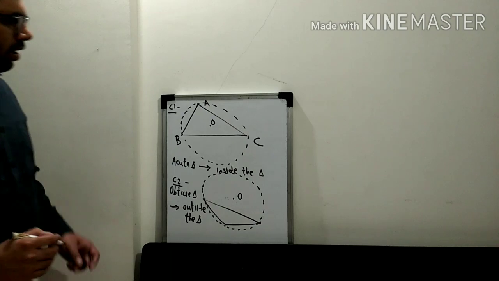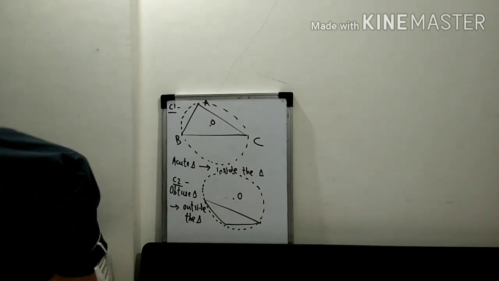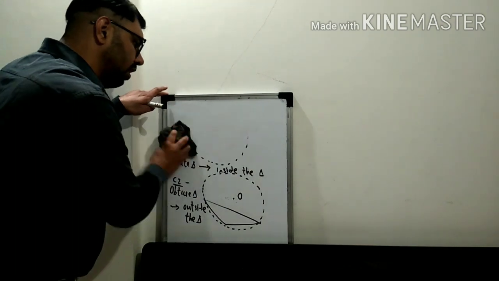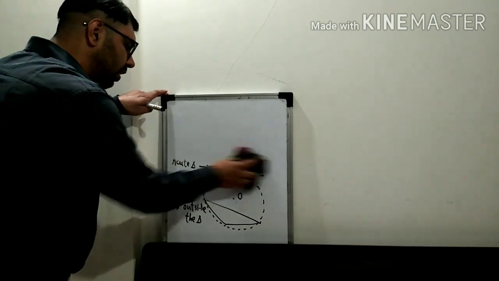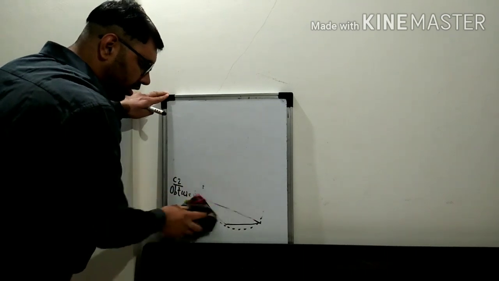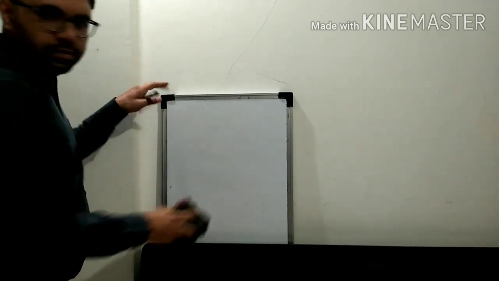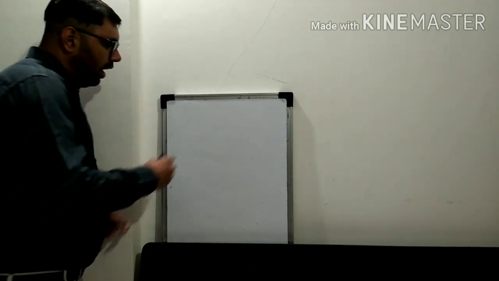Continuing ahead, for case 3 we have a right angle triangle.